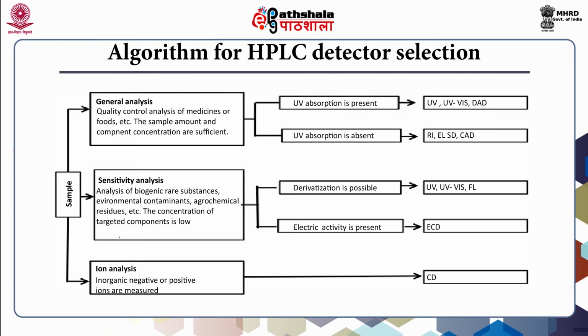So, based upon this algorithm, we can choose what kind of detector we have to use in HPLC based upon the type of compounds which we are going to separate.